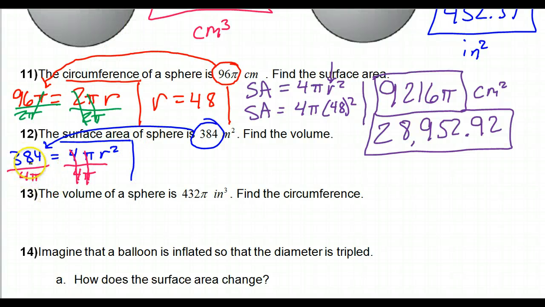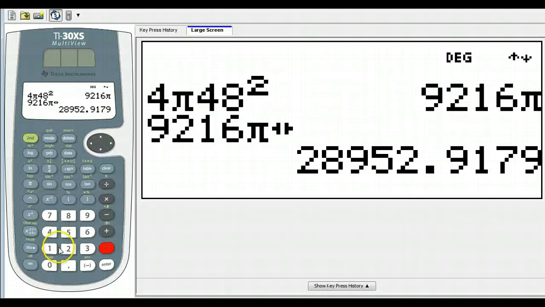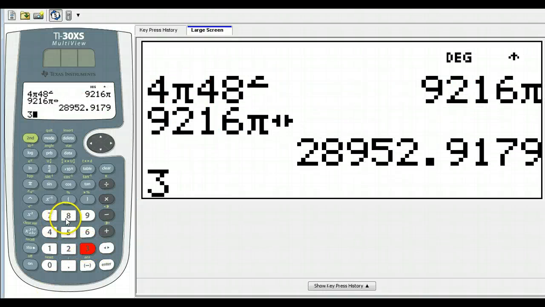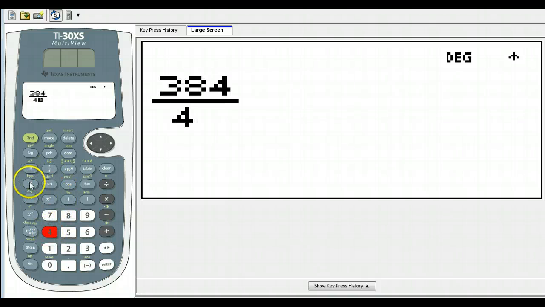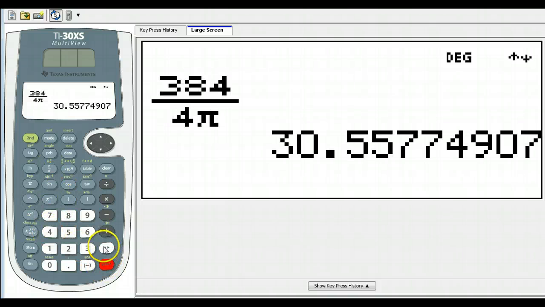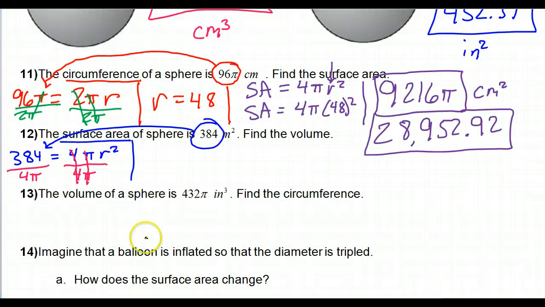I bet this will reduce though. 384 over 4 pi. Okay, they did not reduce that for me. So I'm just going to leave it like that. I don't care. 384 over 4 pi.